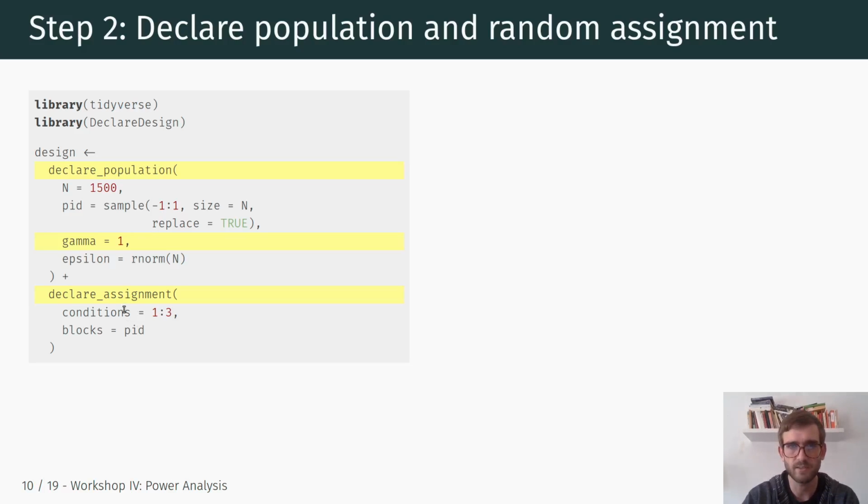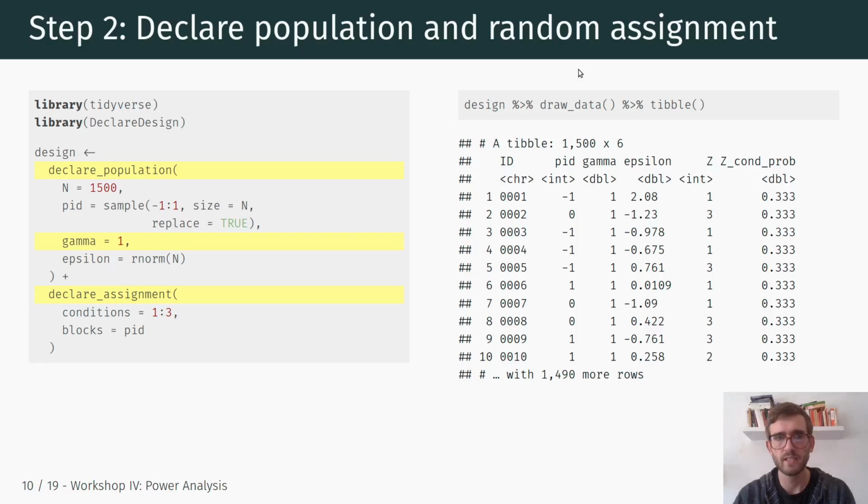Okay. So after setting up this basic framework, we can then look into this design object and examine what this object actually looks like in one iteration. And the way we can do that is we can use the draw_data command, which just allows you to look at one draw from that design with the specifications that you set up.